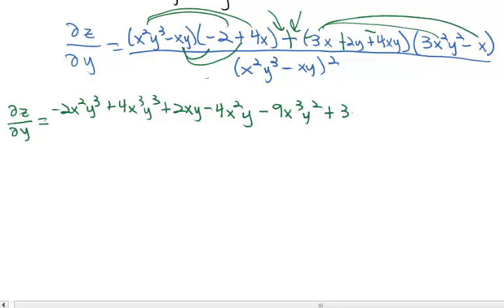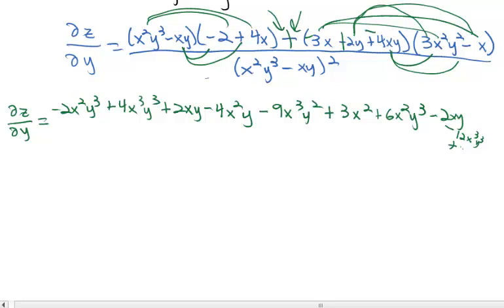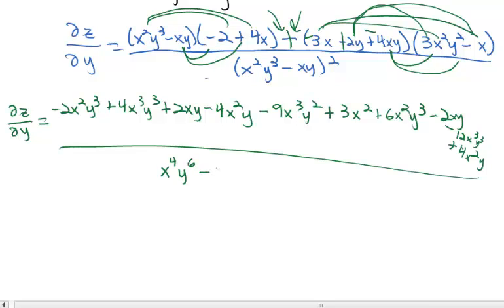Negative, positive now, 3x squared plus 6x squared y cubed minus 2xy, I'm running out of space, minus 12x cubed y cubed plus, this is terrible, I'm out of space here, plus 4x squared y, all over the low stuff squared, which is x to the 4th, y to the 6th, minus 2x cubed y to the 4th, plus x squared y squared.